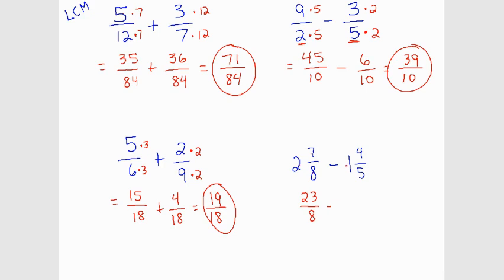And then we've got 1 times 5 is 5, plus 4 is 9 over 5. And now let's go ahead. I know that 8 and 5 have a common multiple of 40, so I'll multiply this by 5 and this by 8. So our common denominator will be out of 40.